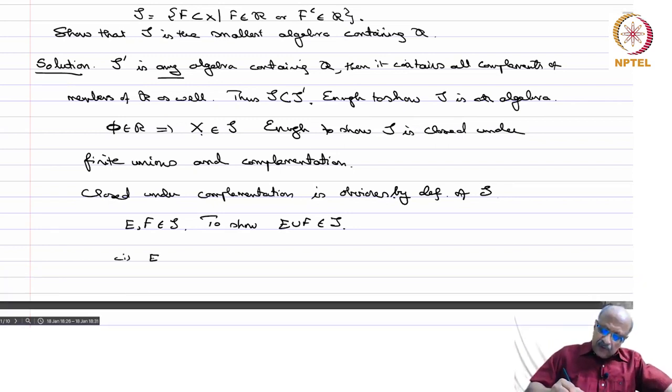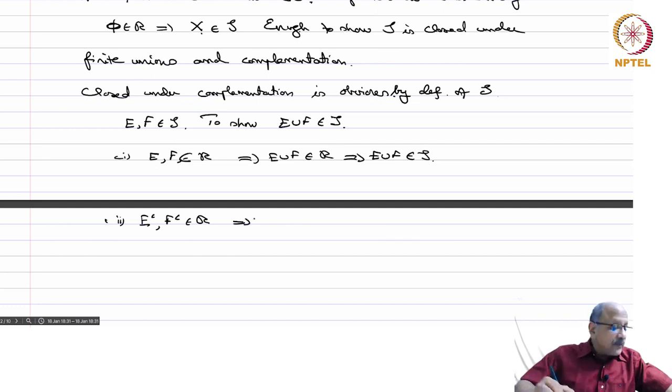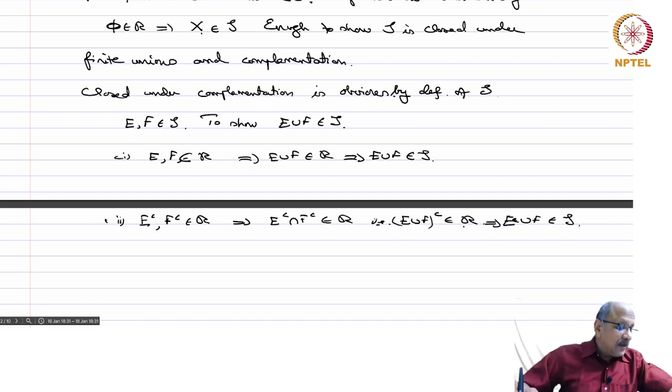First case: if E and F belong to R, this implies E union F is in R, and that implies that E union F belongs to S. Second one: if E complement and F complement belong to R, so both of them are such that the complement is in R, this implies that E complement intersection F complement belongs to R, that is, E union F complement belongs to R, which implies that E union F belongs to S by definition. The complement is in R, therefore it's in S.